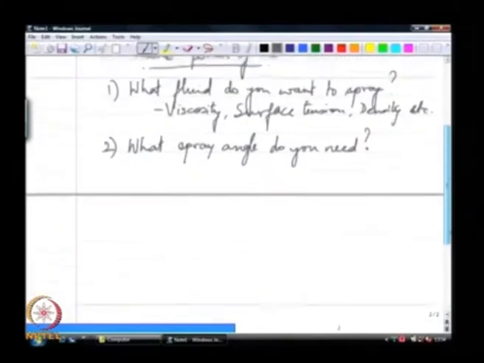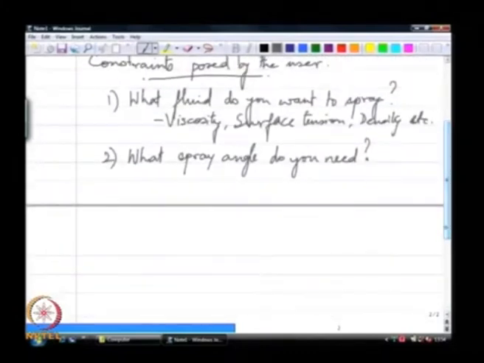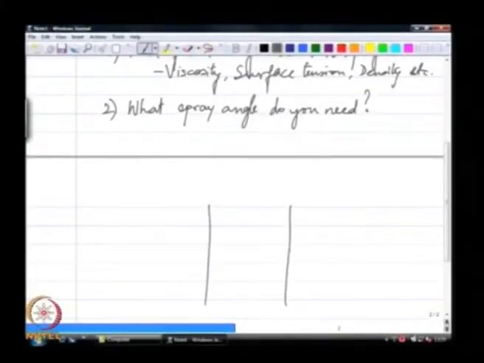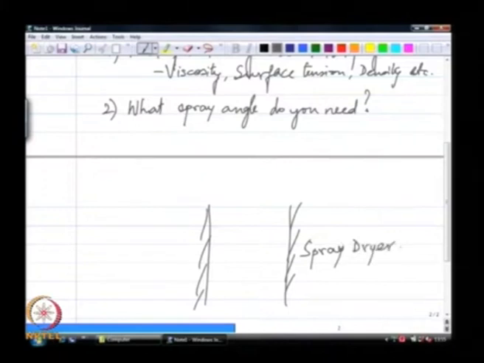Now, why is this a customer imposed constraint and why is it not a variable that is available to you? Very often there is an existing installation. Let us say this is like a spray dryer. Okay, and the spray dryer has a bank of these nozzles at the head, each one putting out a spray of sorts.